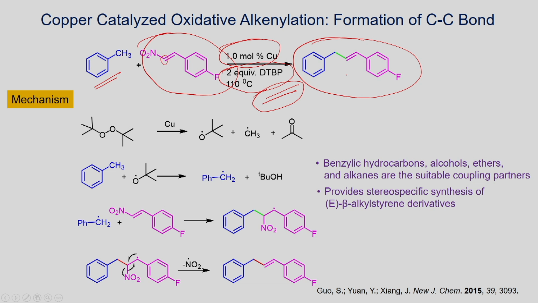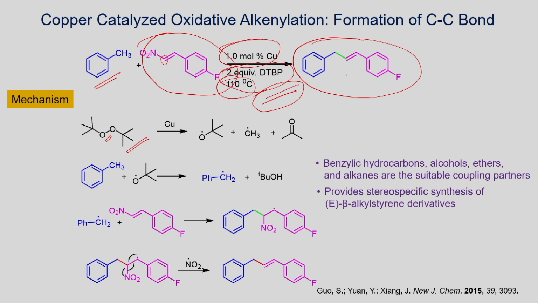Now let us look at the reaction pathway of this transformation. As we have just seen in the case of tributyl tin hydride mediated reaction, where you use AIBN as a radical initiator, you can also use di-tertiary butyl peroxide. This reaction has been carried out thermally.